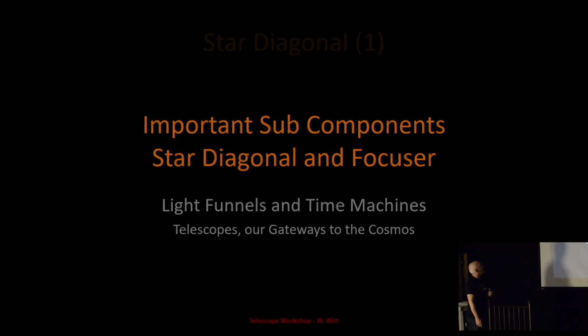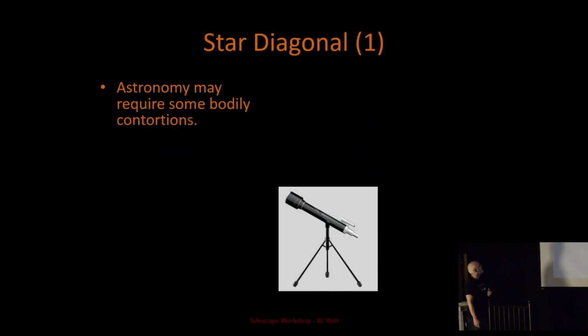And let's see, really quickly here, we're almost done with this. Astronomy may require some bodily contortions, right? Like we said earlier, imagine you're trying to look straight up at the zenith, right? Your object is right there, and the light is just going straight through. What am I going to do, right? I'm going to be somehow down here if I don't do anything special, right? If I have to just put my head right here, I'd be looking straight up if the scope is pointing straight up.